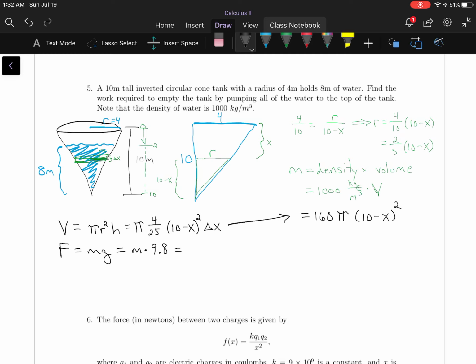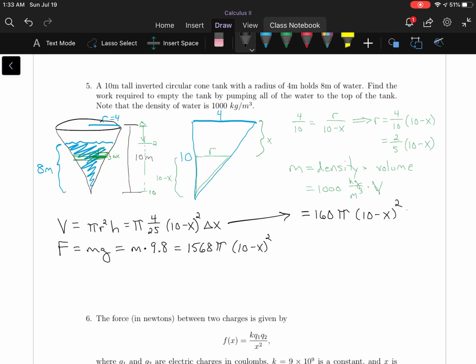So when you multiply through, this is going to give us 1,568 pi times 10 minus x squared. And there's a delta x.